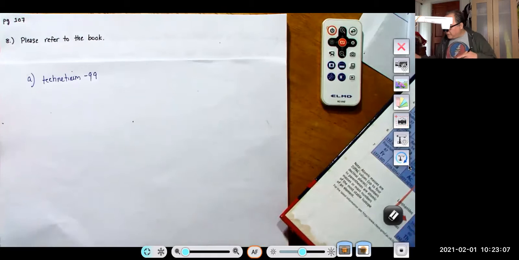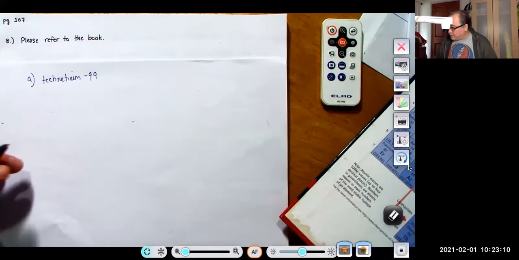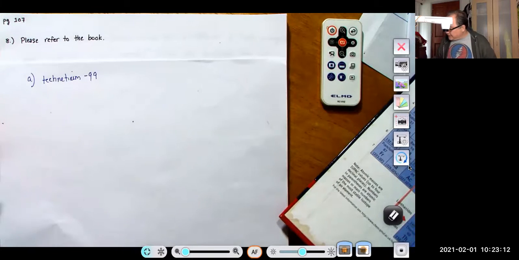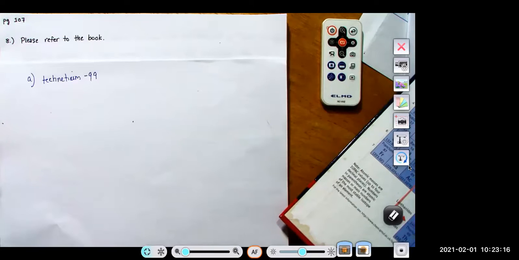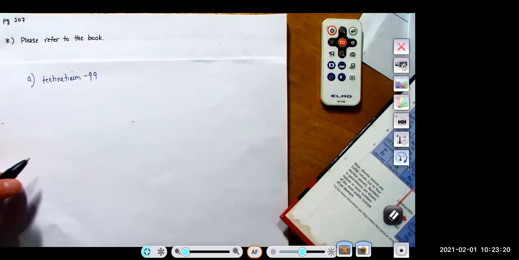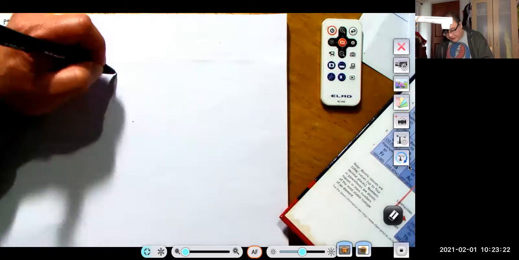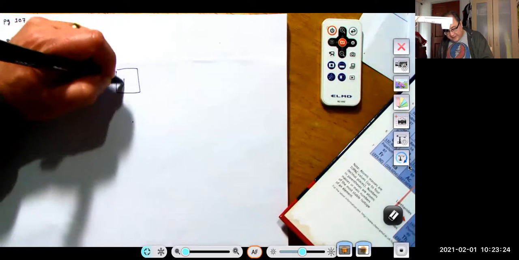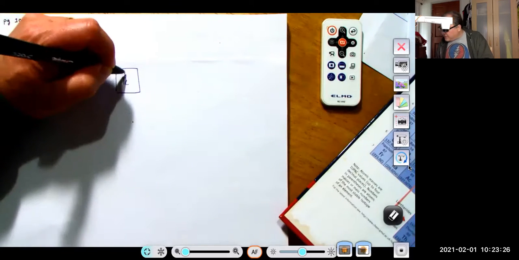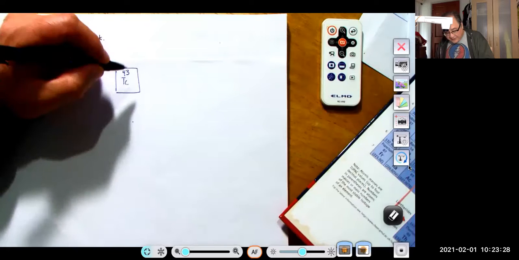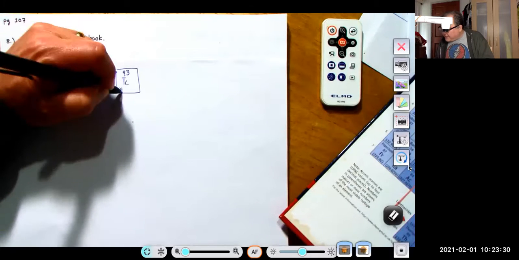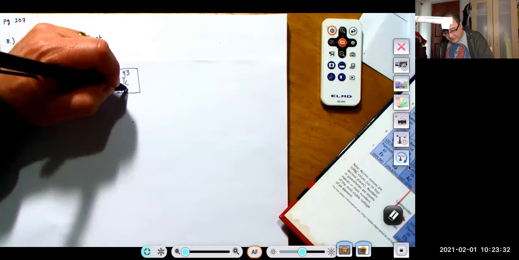And if we look in the book for this particular element, we're going to find it. Let's see, where is it? 43. Thank you. 43. So I'm going to draw this way, Tc 43, and we have this 97.907.